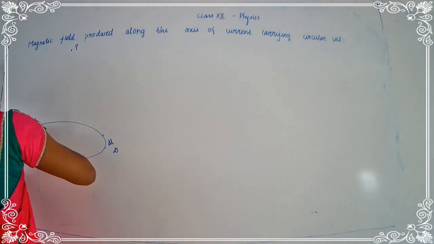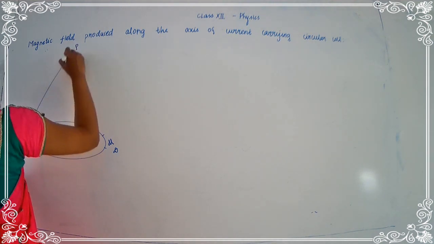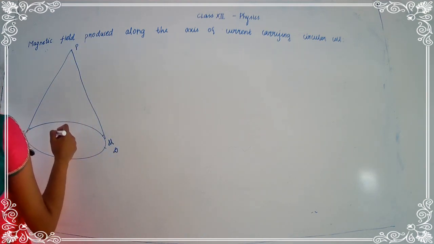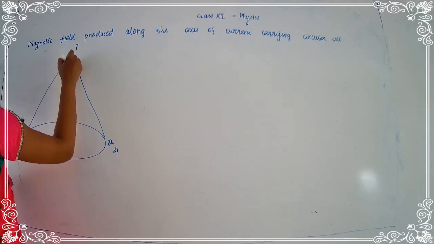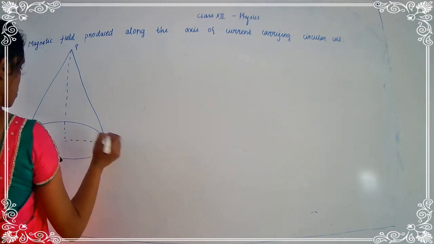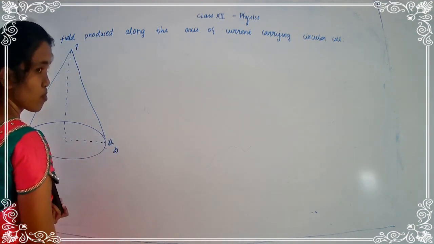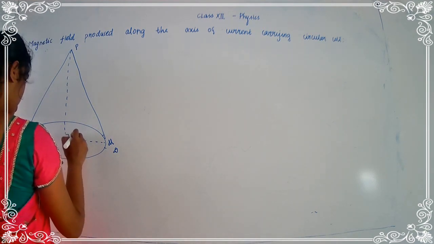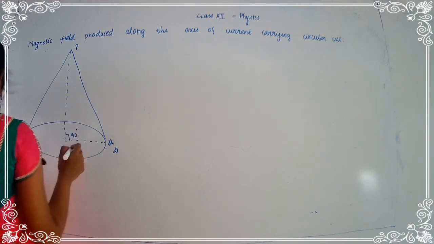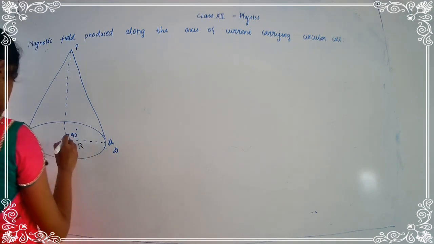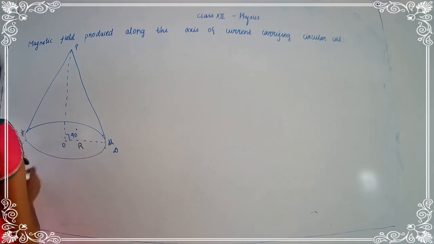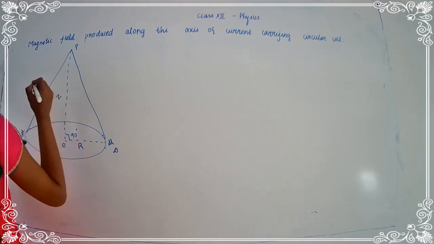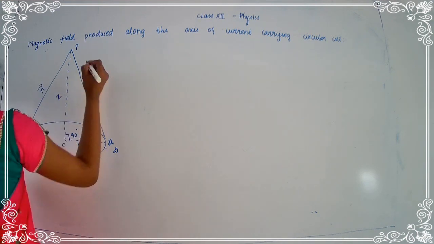Here it is 90 degrees. The angle is 90 degrees, the midpoint O. This distance is R, this distance OD, that is R. This distance is denoted as Z. Here it is R vector, here it is also R vector.